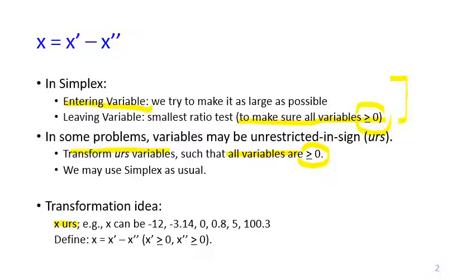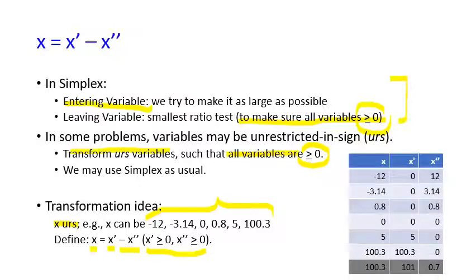Now, the idea of the transformation is that we define x, the URS variable, equal to two other variables, x prime minus x double prime, in which both of these new variables are required to be non-negative. Let's see how this idea works, that we can represent this value using two new variables that are both non-negative.